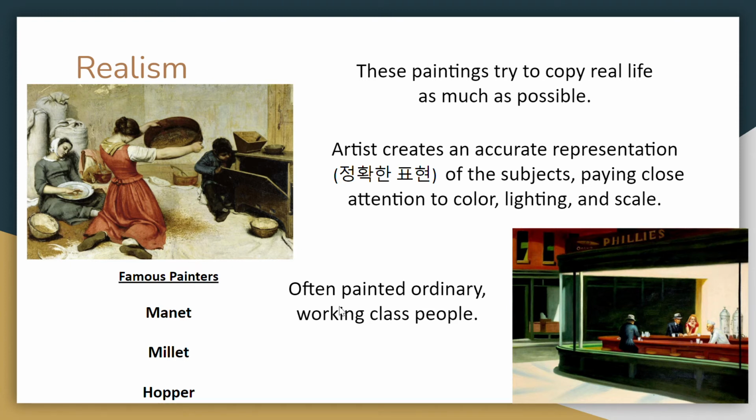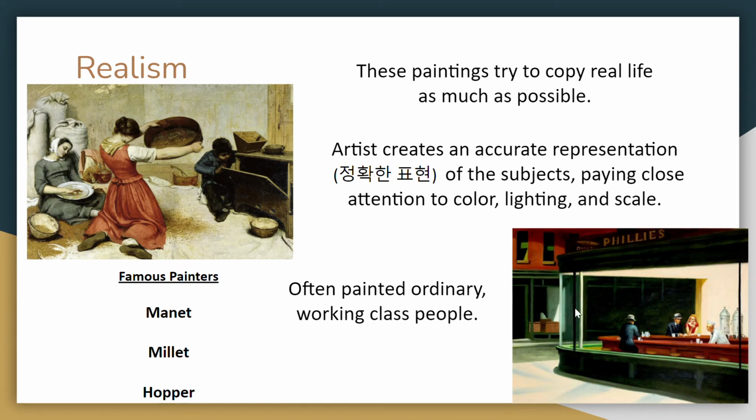And realism often painted ordinary working class people. So we see here some workers, some people at a diner, just very normal, ordinary people, maybe farmers or cashiers, right, or construction workers, very normal people.